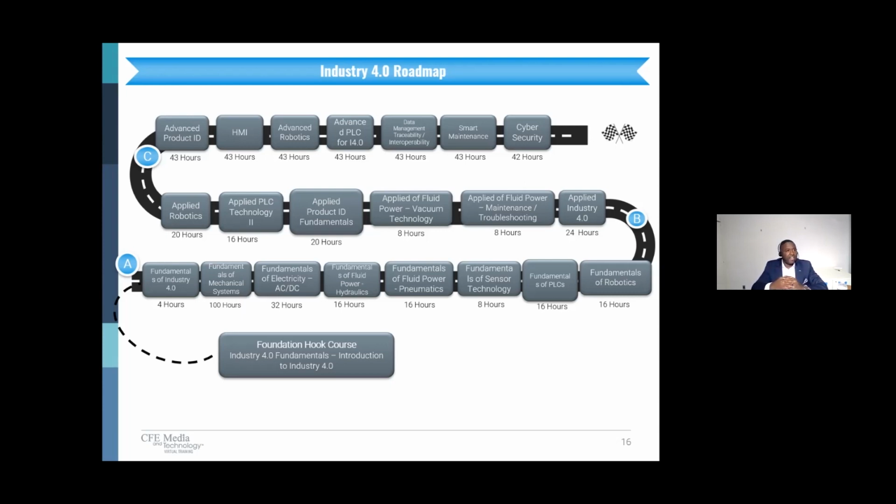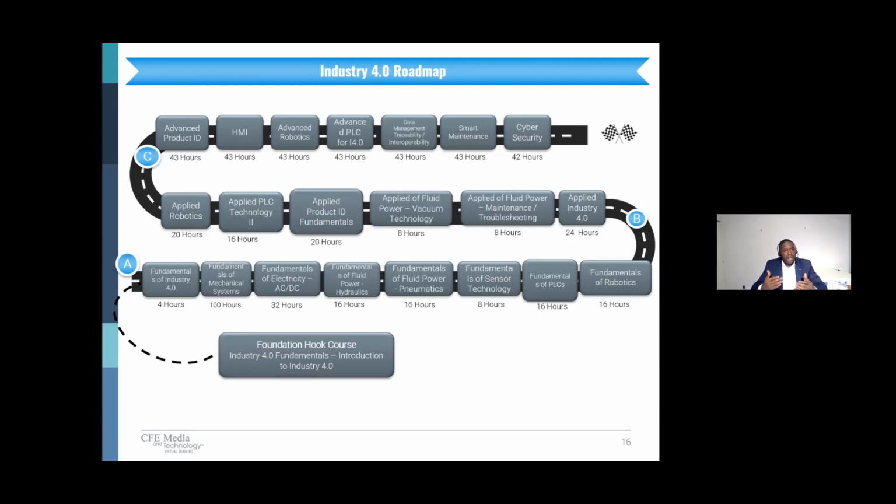The last slide here would just be a roadmap. So here we have almost like 3 levels if you look at it. The fundamentals of Industry 4.0 in the classroom, as we like to call it, starts off as a hook course, and that hook course doesn't require equipment, but it just gets the students up to date on what Industry 4.0 methods are.